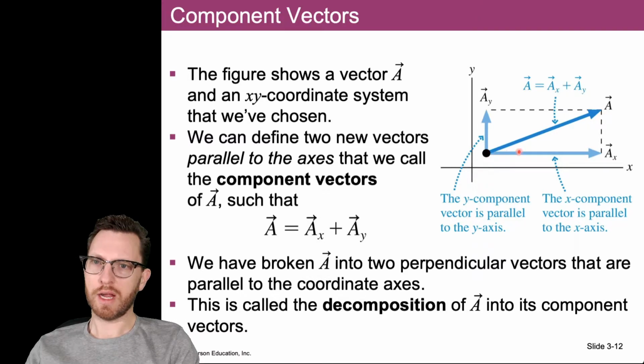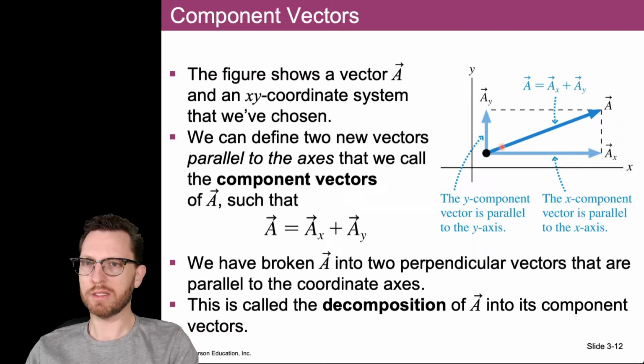You can imagine projecting vector A. It's what you might imagine if you could visualize shining a light from above vector A. It's the shadow or the projection of that vector down onto the x-axis. If I had a source of light coming from this direction, creating a shadow down onto the y-axis, that's the result that I would get for vector Ay here.